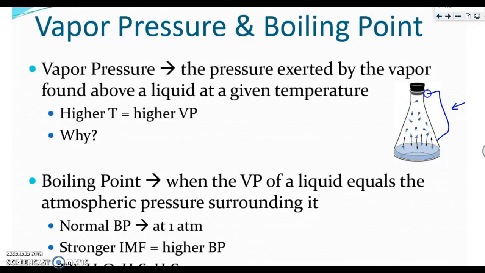So what happens here is that as temperature goes up, so as T goes up, the kinetic energy of the molecules goes up. As they are increasing in energy, their movement goes up, and because of that, they are more likely to change from a liquid to a gas.